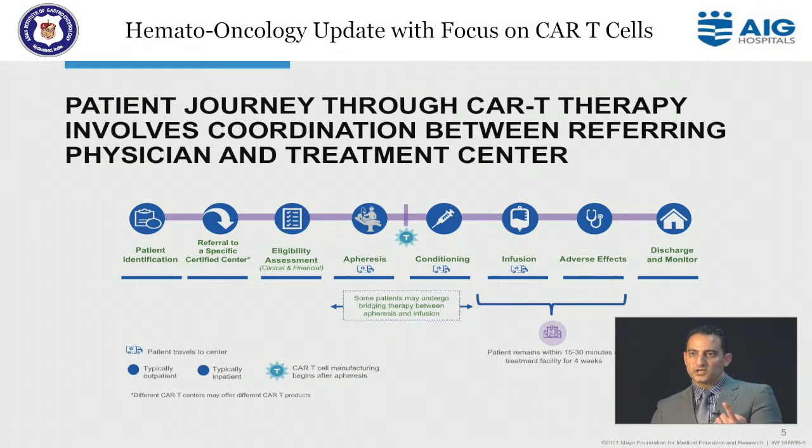One of the myeloma products comes back in about 4 weeks. The first one, Abecma, ide-cel from BMS, has an average turnaround of 4 weeks. The second one approved, Carvykti, Janssen, or cilta-cel, takes anywhere from 6 to 8 weeks to manufacture and bring back.